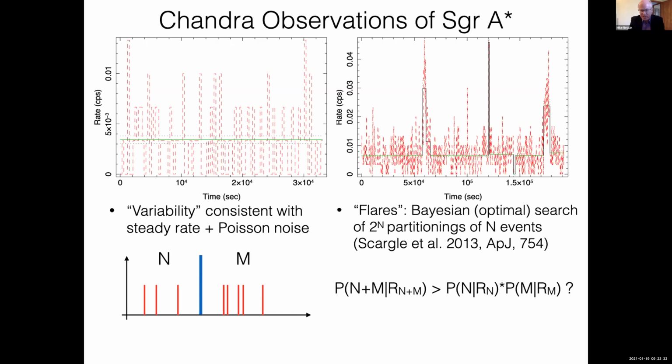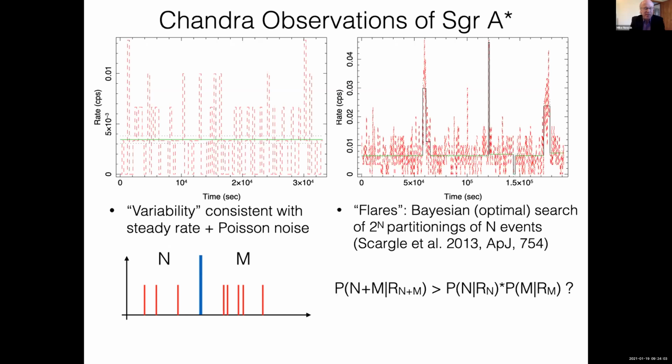That is completely consistent with no variability, a constant rate, just the expectation from Poisson counting statistics. However, on the right we show a light curve where we see some of these flares. We've searched for these flares by looking for changes in the Poisson counting statistics, and in this particular observation there are 3 flares.